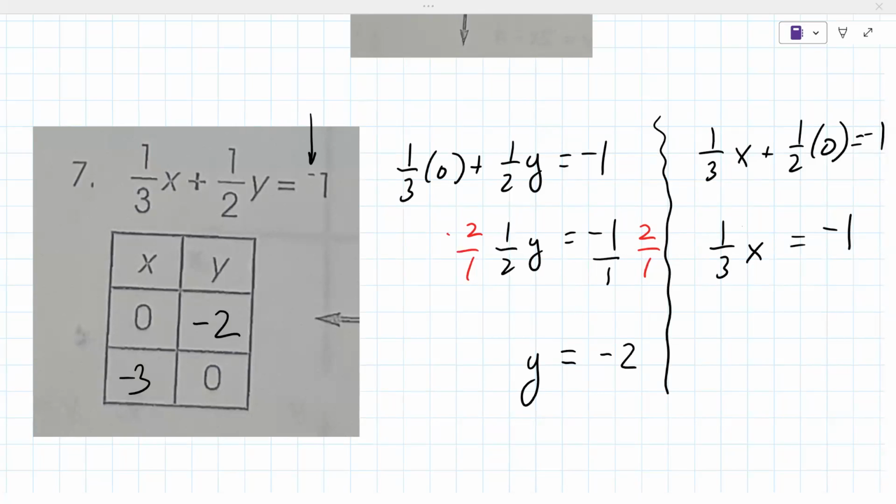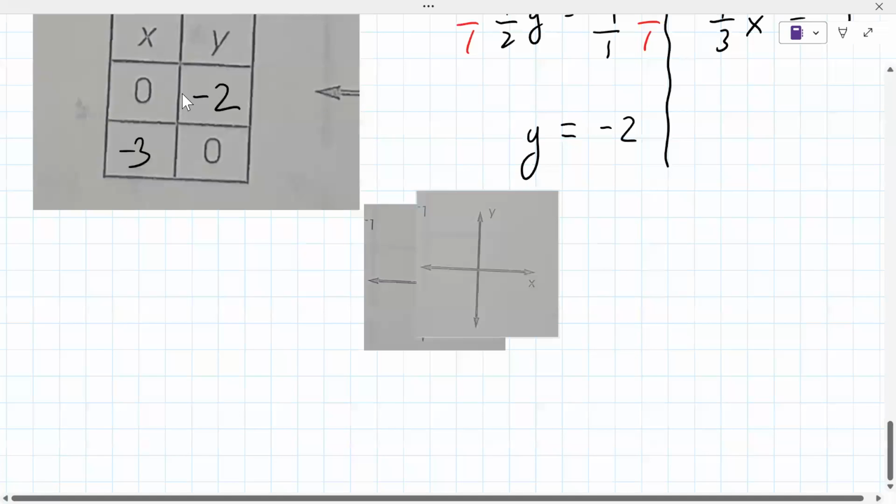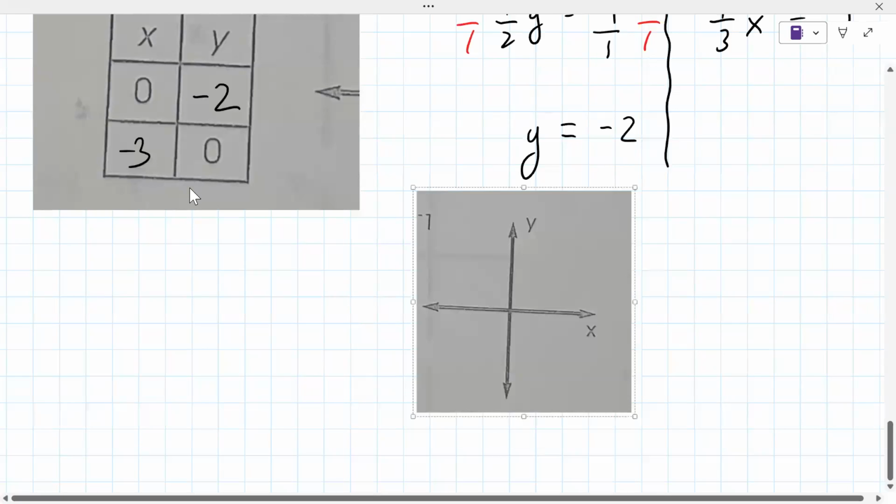Now we got to graph it. So I'd like you to make the graph and then I will graph and we can compare. But go ahead and graph these 2 points and then I'll do the same.